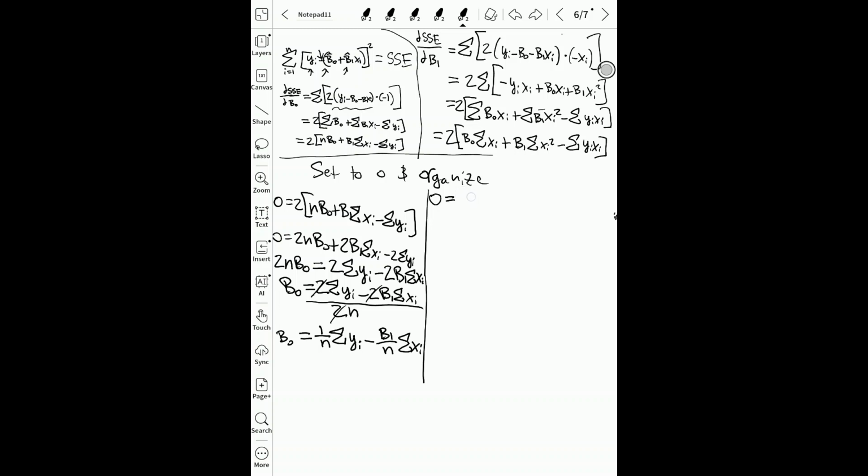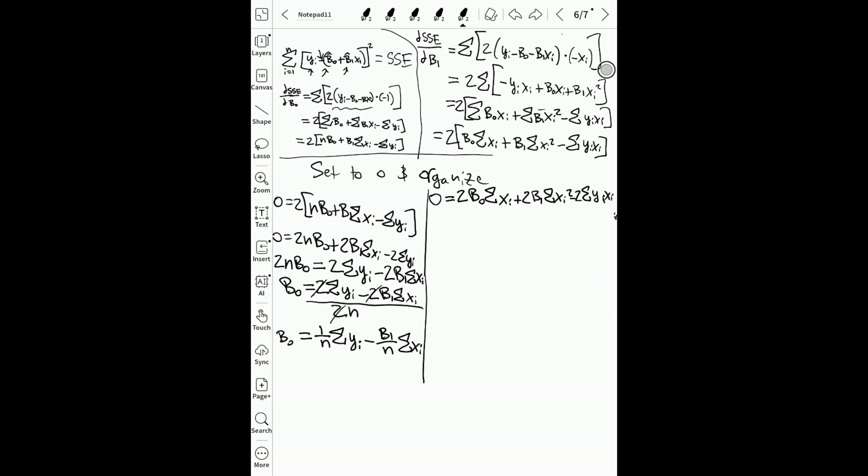So we have 2 beta naught sum of xi, plus 2 beta 1 sum of xi squared. And now I'm running out of room, but we'll make this fit. Minus 2 sum of yi xi.